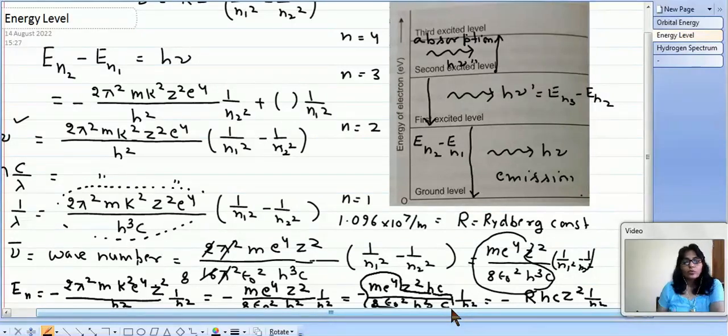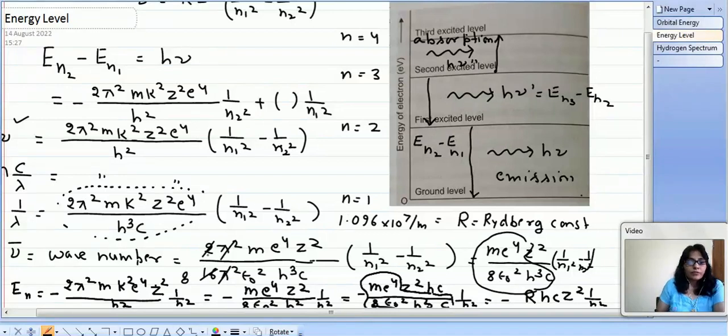We also discussed that when an electron jumps from a higher energy level to a lower energy level, there will be emission of a photon, and when a photon is absorbed, the electron may go from a lower energy level to a higher energy level.